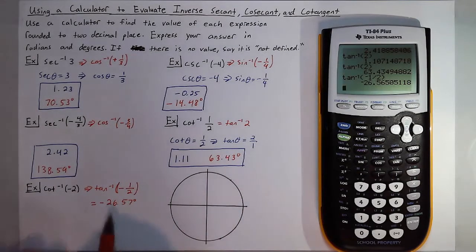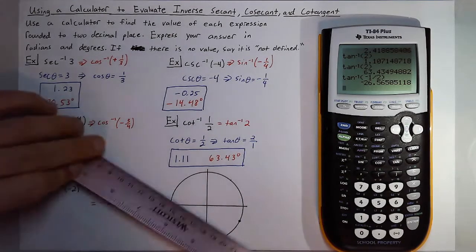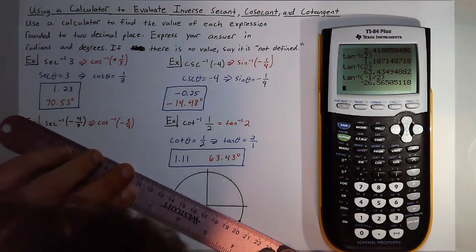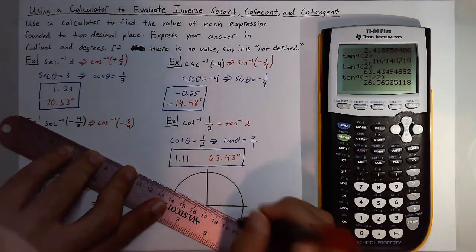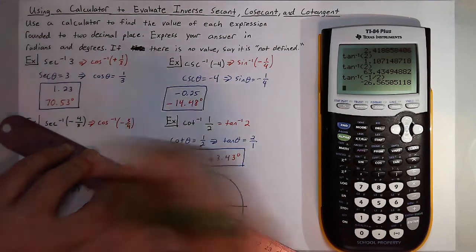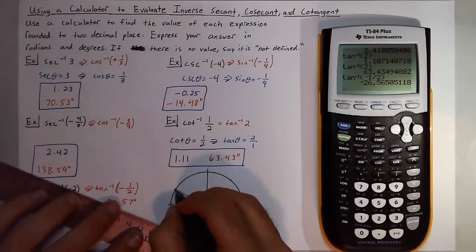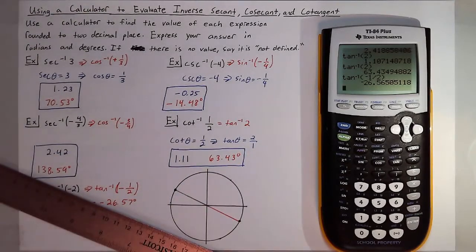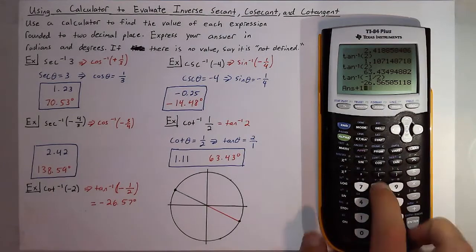Now this is approximately about right here on the unit circle, this angle. What's really nice is if I add 180 to this angle, I should get the same value for tangent in the second quadrant. Meaning I'm really looking at an angle in the second quadrant way over here. That'd be more appropriate for my answer for cotangent. So all I have to do is take that answer and add 180 degrees to it.